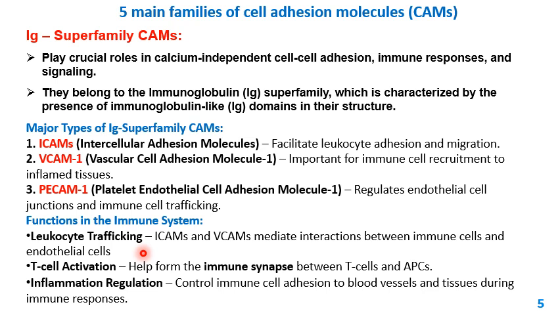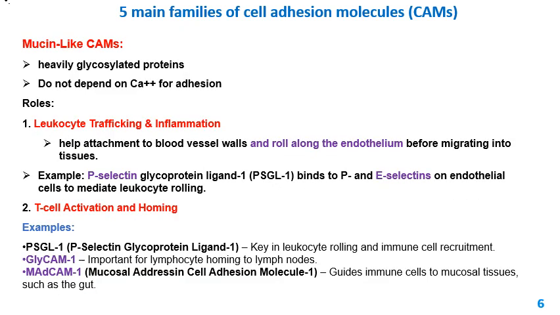What it's going to do is, again, coordinate trafficking of those immune cells, but you're also going to have recruitment of platelets. So let me see what is important here. Regulation, they are important for the immune system.